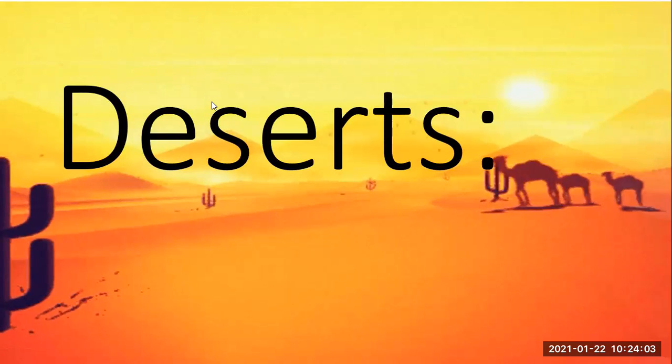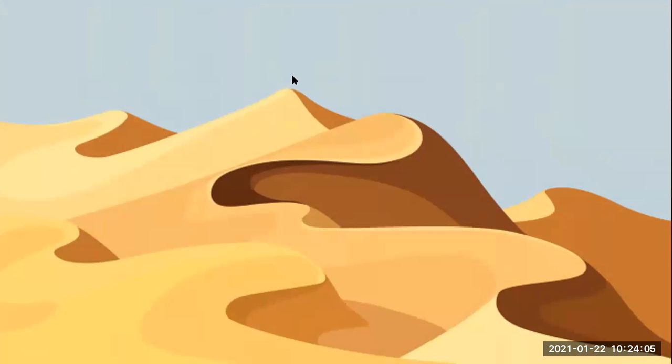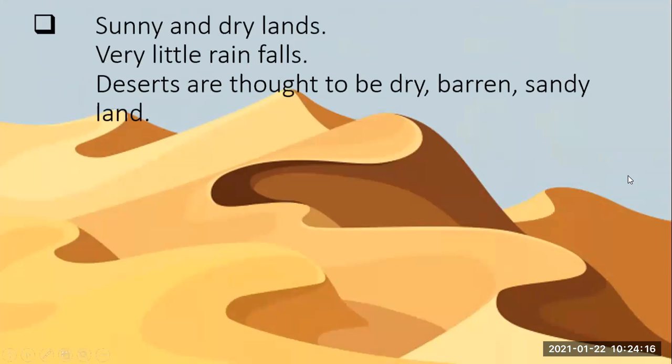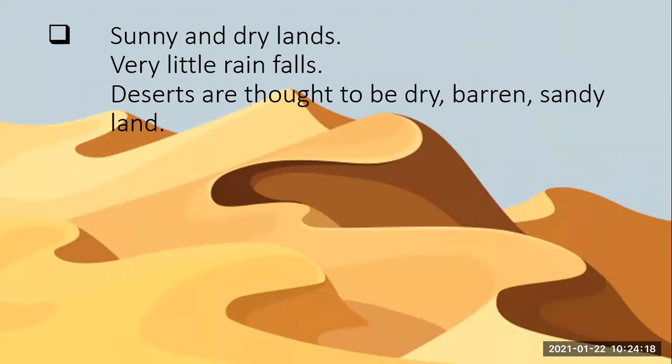So, what is the next landform that we are going to learn now? That is desert. So in desert, what we are going to see, deserts are sunny and dry lands.